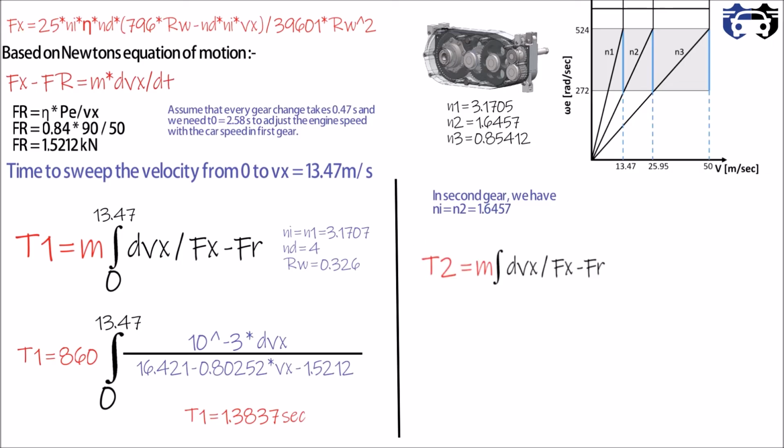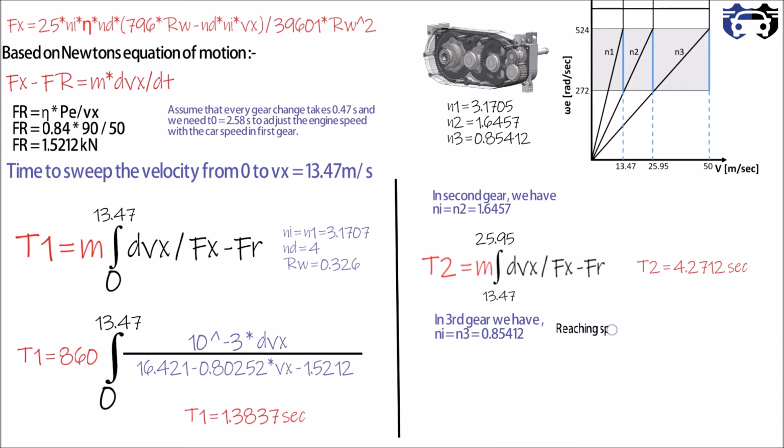We get T2 equals mass times the integration from 13.47 to 25.95 of dVx divided by Fx minus Fr. On solving and putting all the values, we get T2 equals 4.2712 seconds. In third gear, we have Ni equals N3 equals 0.85412.